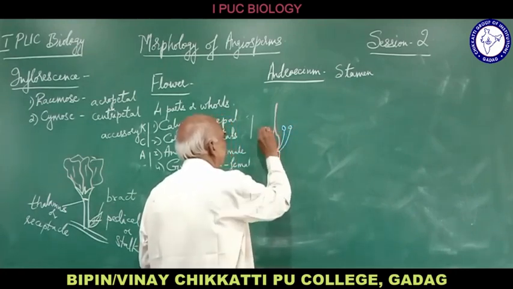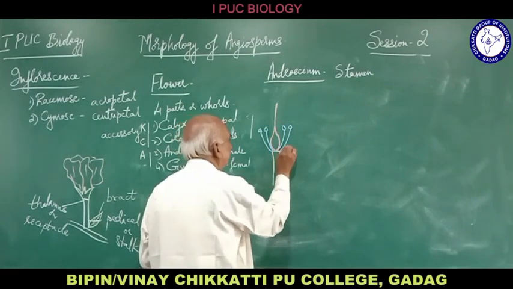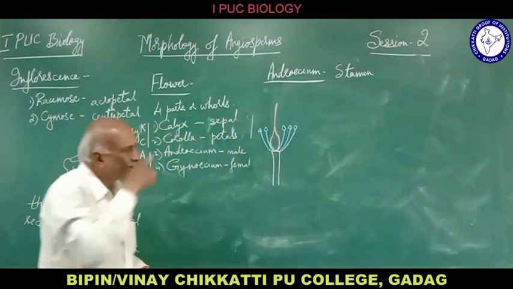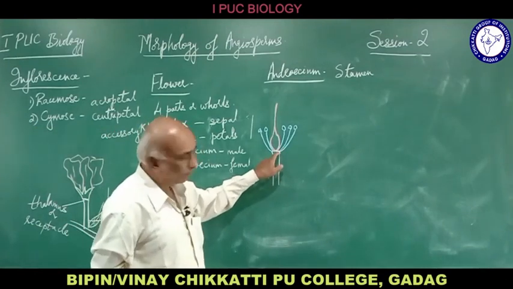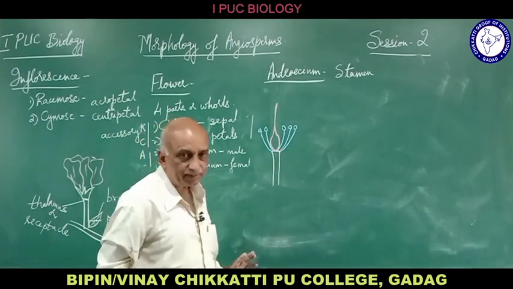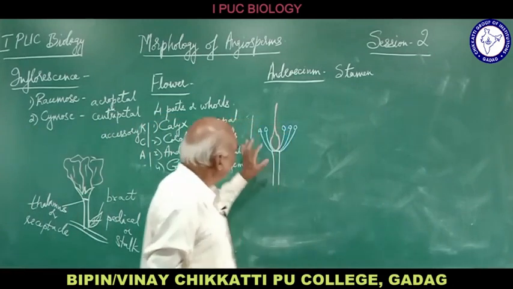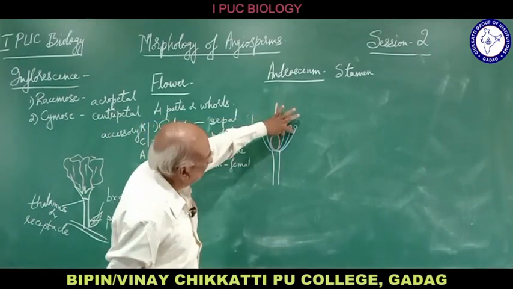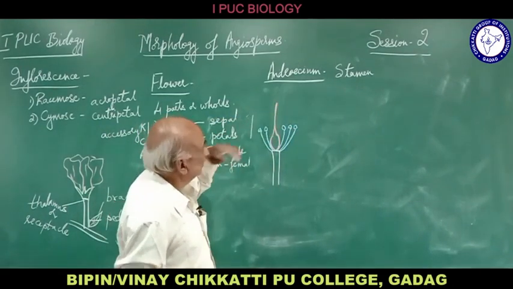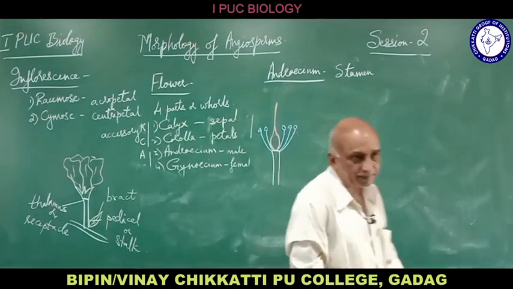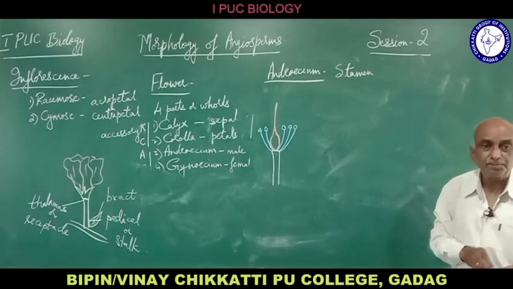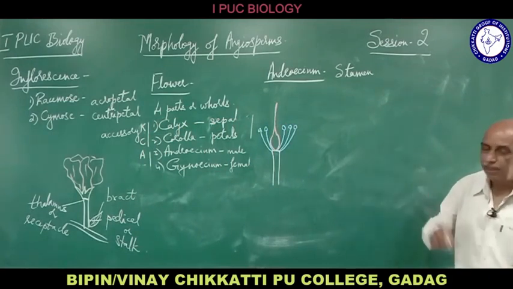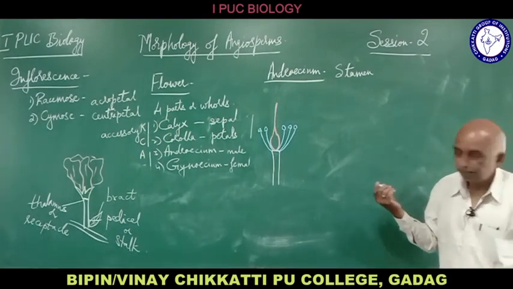These are the stamens which are shown here. Outer to these stamens we see the corolla, outer to that the sepals, that is the calyx. So the androecium is made up of stamens, as the calyx is made up of sepals and the corolla is made up of petals.